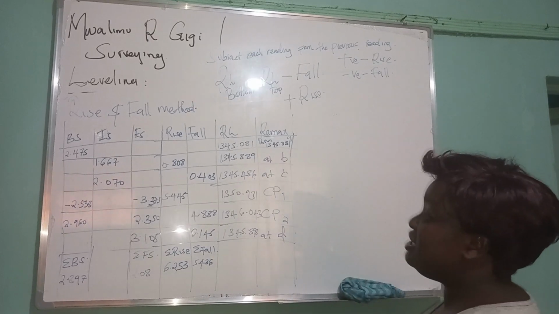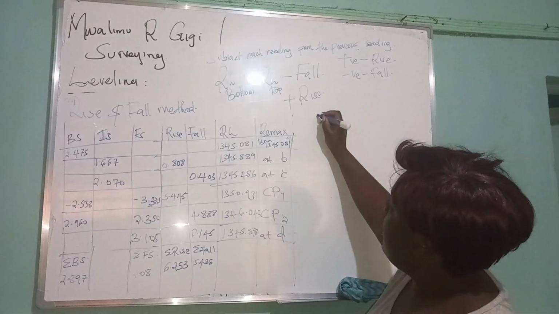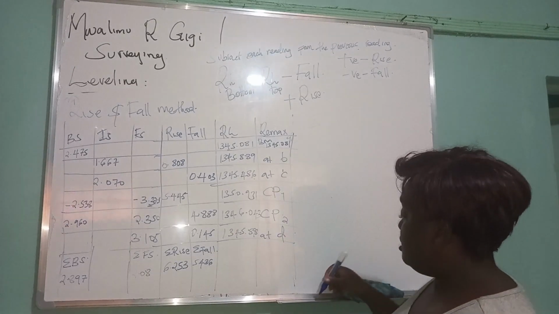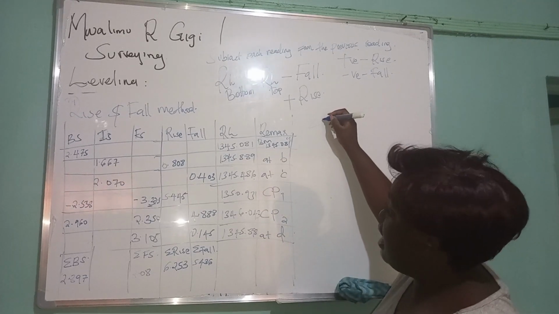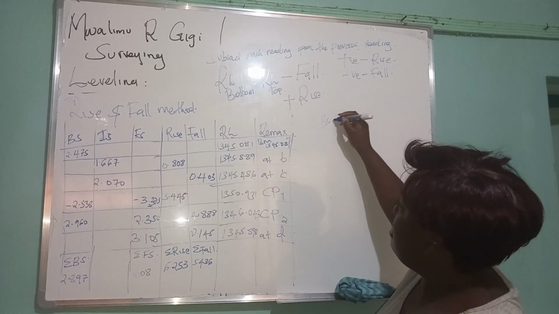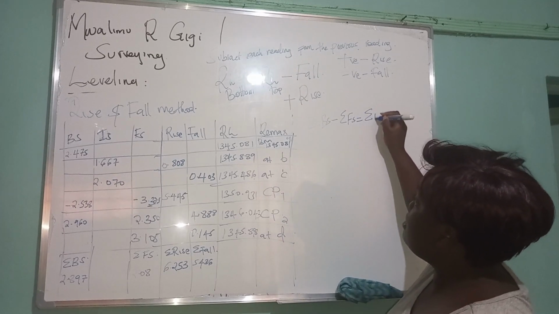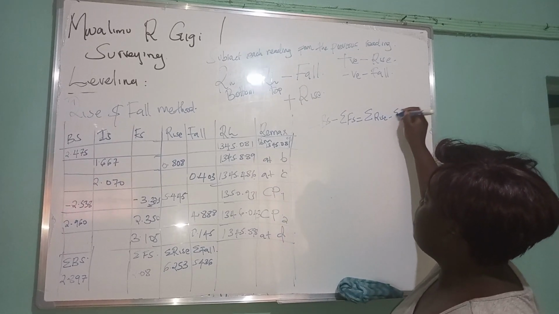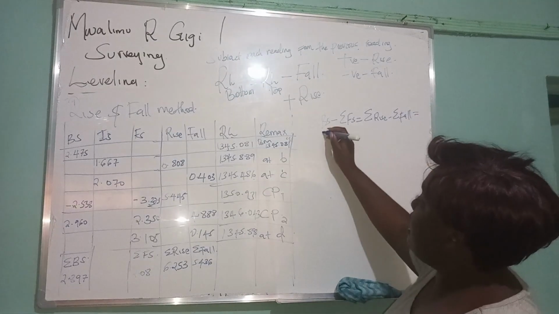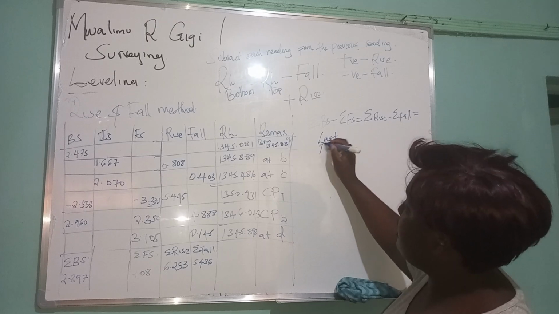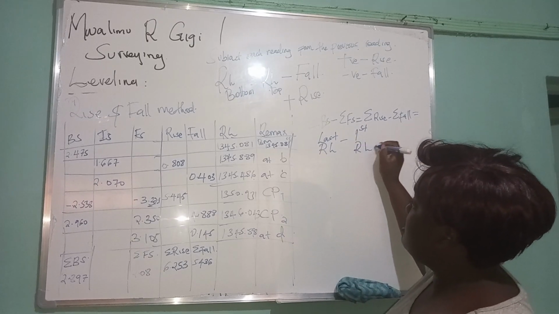The arithmetic check of our rise and fall method is done by summing: the sum of the backsight minus the sum of the foresight should be equal to the sum of rise minus the sum of fall, which should be equal to the last reduced level minus the first reduced level.